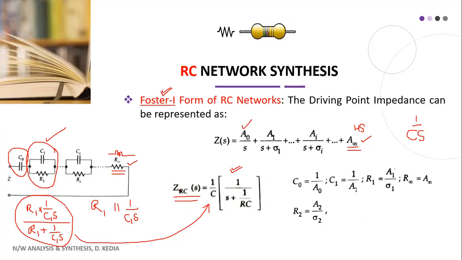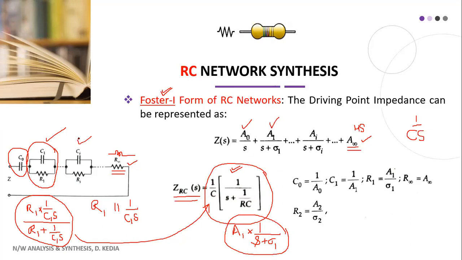This is the ZRC, and if you look at this carefully, 1 by C is nothing but a constant. Say that constant is A1. Then multiplied with this, 1 by S plus 1 by RC, where 1 by RC is also some constant, which you can represent with sigma 1. So it becomes A1 by S plus sigma 1.